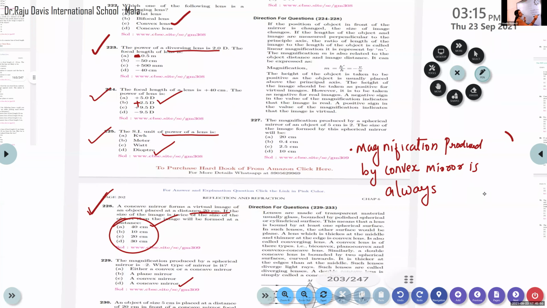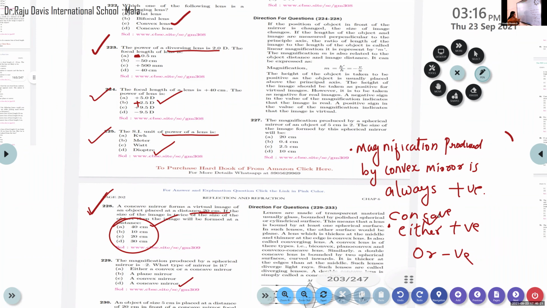There is no case of negative in the case of convex mirror. But in the case of concave mirror, it can be either positive or negative.